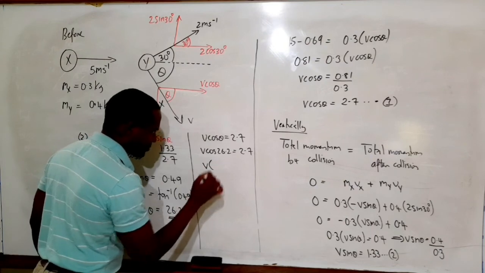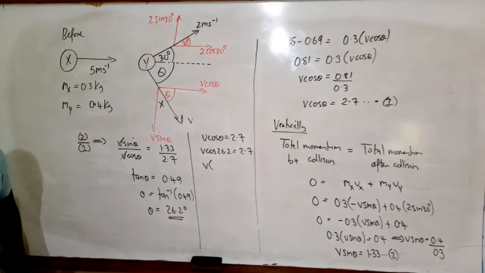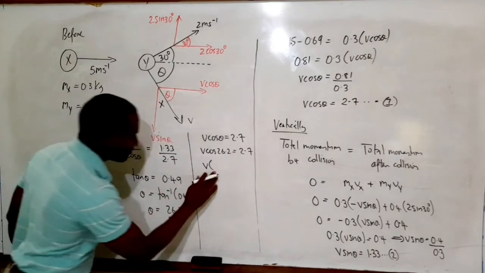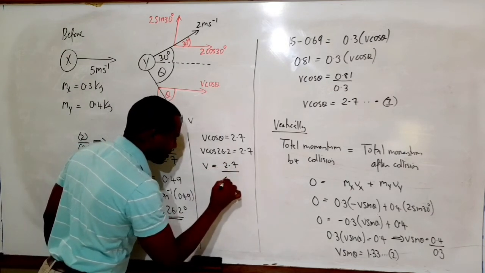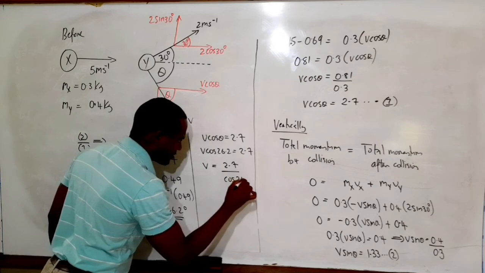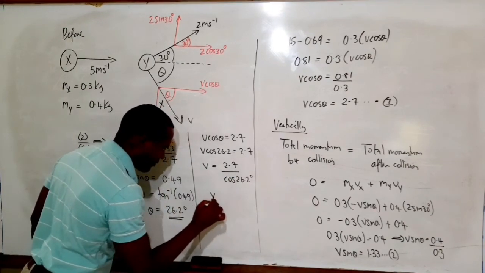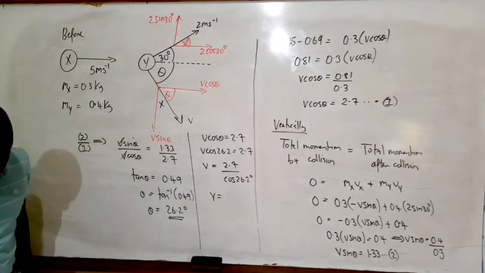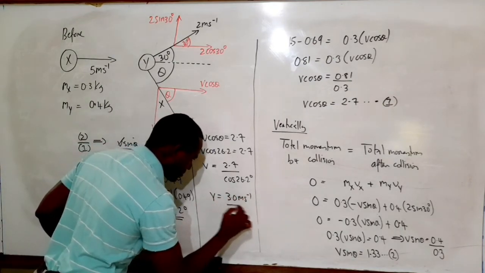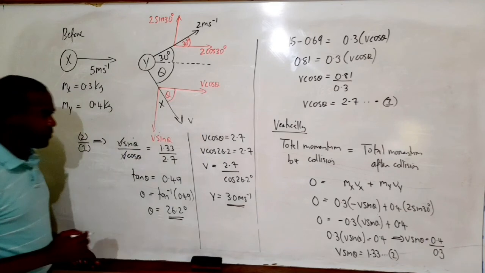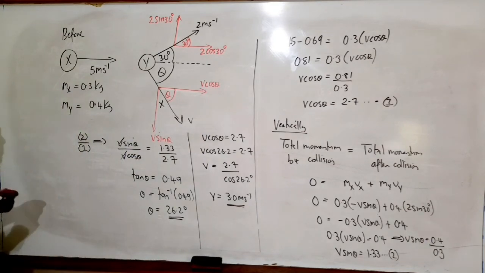So v equals 2.7 divided by the cos of 26.2 degrees, and v works out to be approximately 3 meters per second. Right? So therefore v works out to be 3 meters per second.